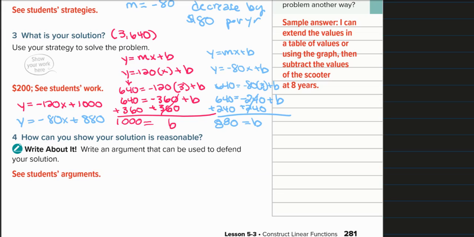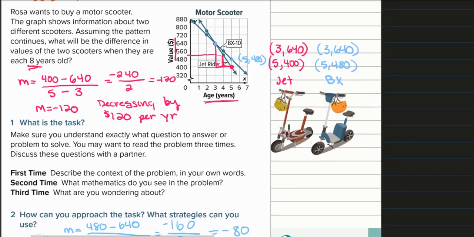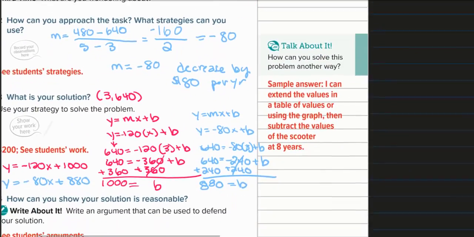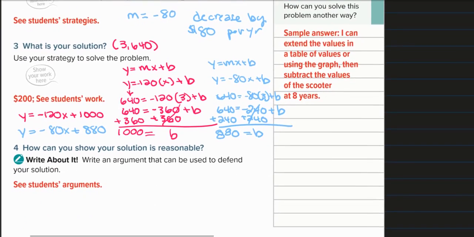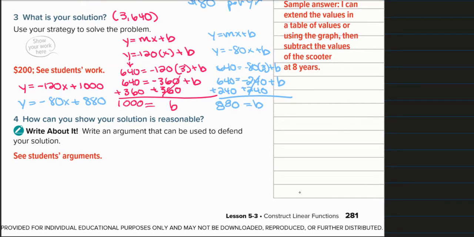We can say how much it's depreciating each year. And so what we're going to do is now we need to figure out, when both of them are 8, what is the cost of each bike, and I think we have to figure out the difference. Yep, we're trying to figure out what will the difference in values be of the two scooters when they're both 8. So our next step is we're going to have to plug in when x equals 8 years. So we're going to have y equals negative 120 times x plus 1,000.